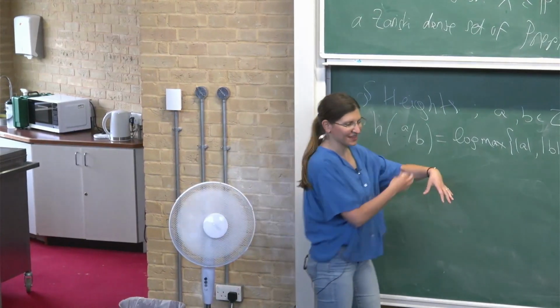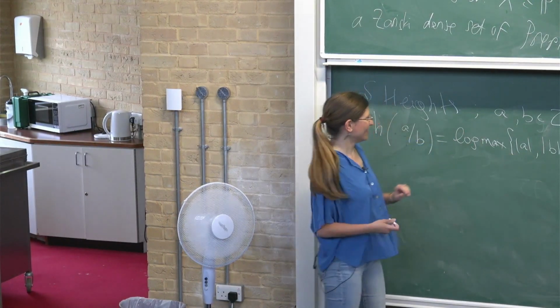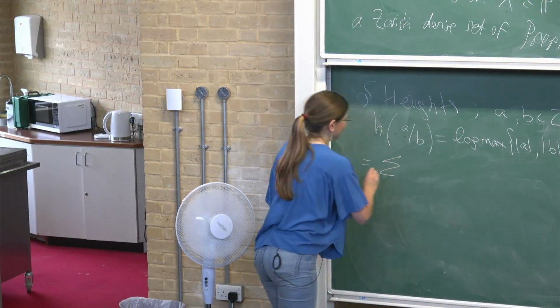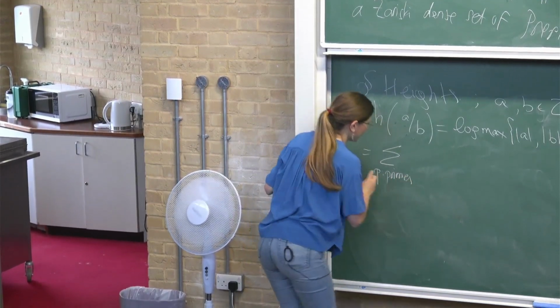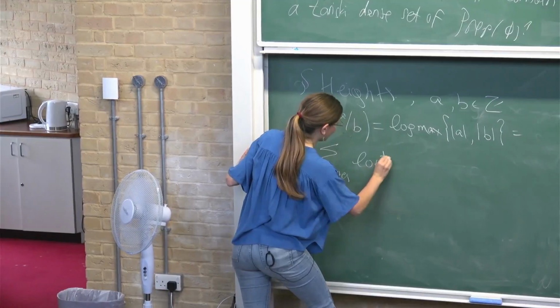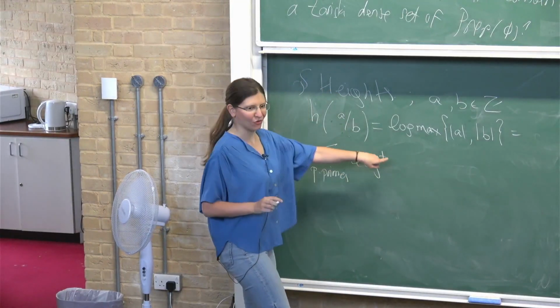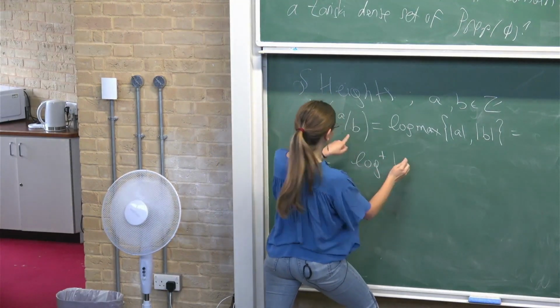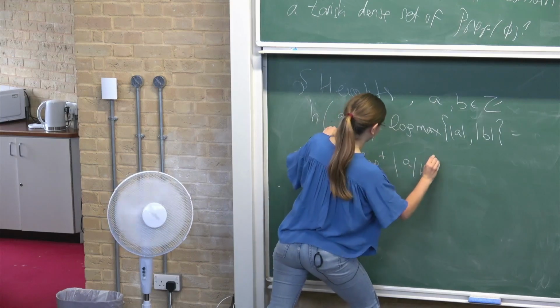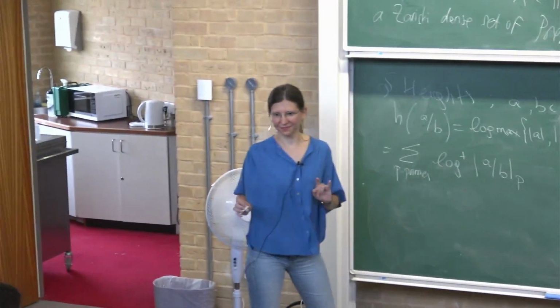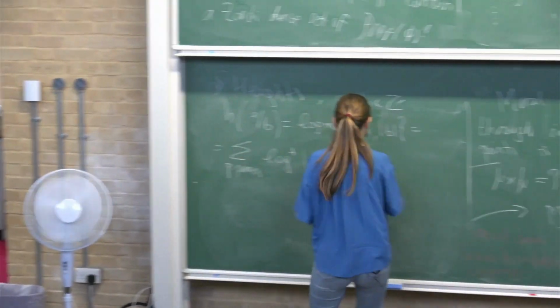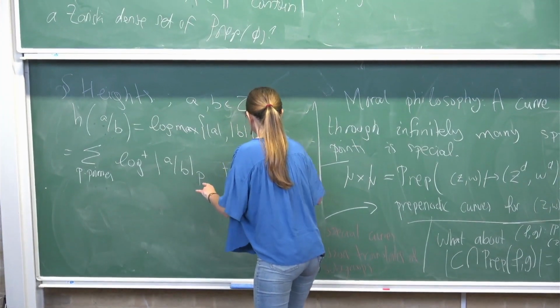And you can use these absolute values to write this quantity as the sum over all primes of log plus, the logarithm of the maximum of 1 and the p-adic absolute value of a over b, plus the usual one.